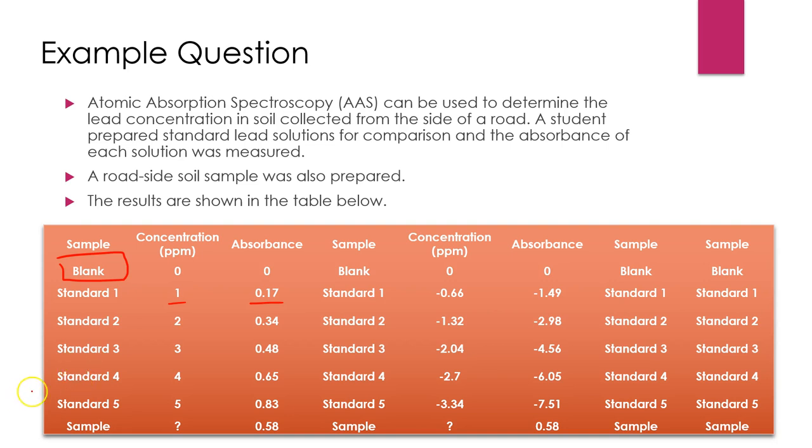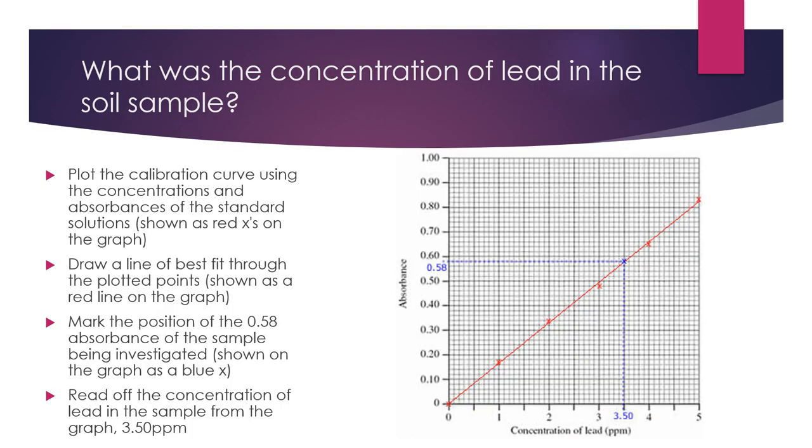Okay, standard 2, ignore the rest of the stuff on this at the moment. Standard 2 is 0.34, standard 3, 0.48, 4, 0.65, 5, 0.83. Then we can take that, we can plot it on the graph in order to work out the concentration.